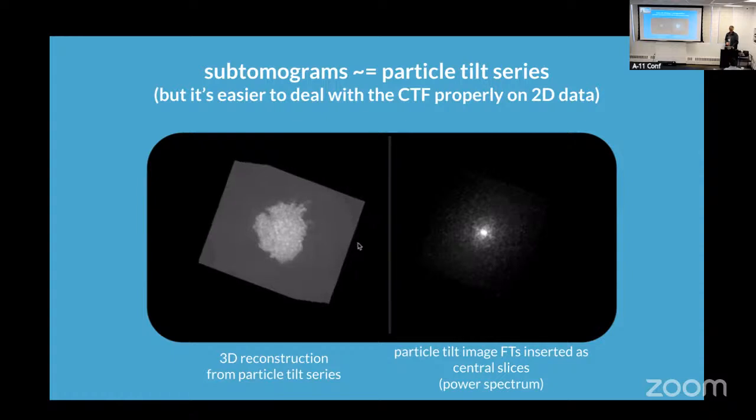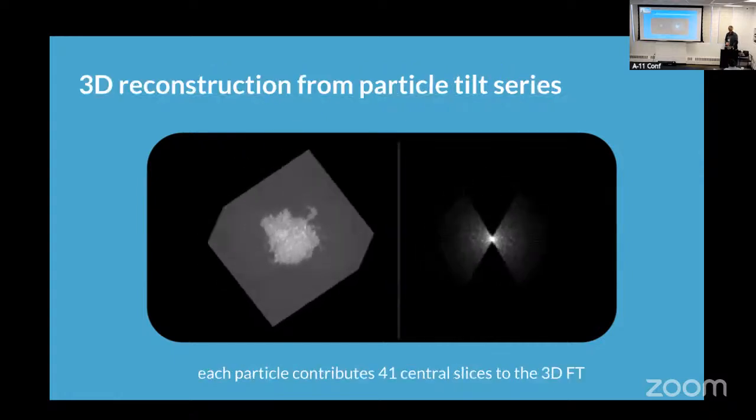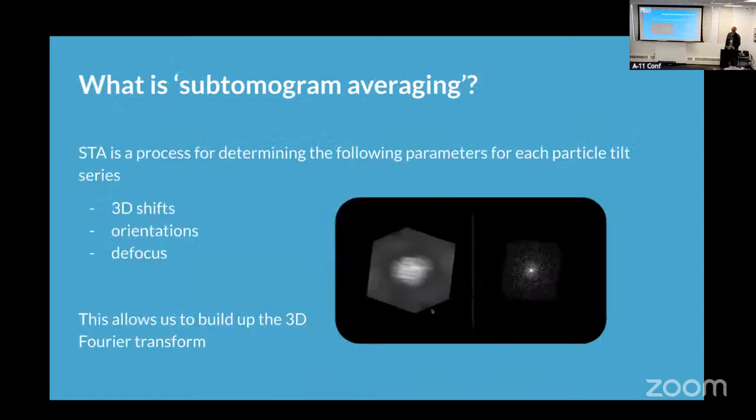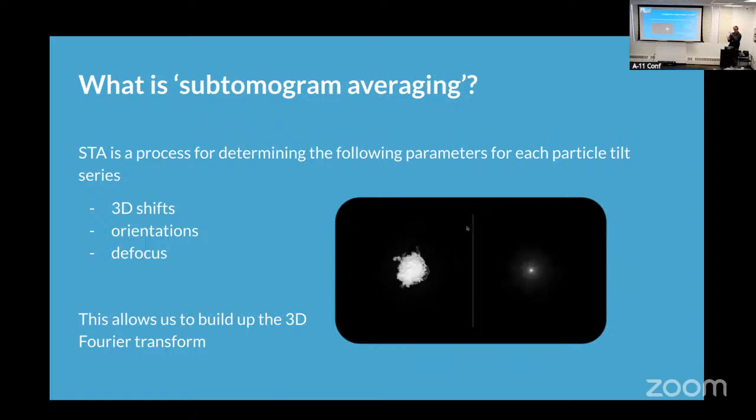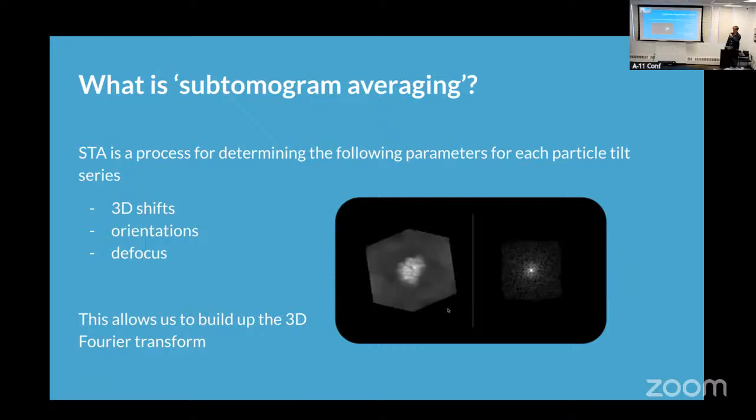Yeah, we build it up a little bit here, and you'll just instantly see almost perfect reconstruction. Because this is all simulated and because this is all high signal to noise, it's very, very easy. So subtomogram averaging, exactly like single particle analysis, is we determine the 3D shifts that center the particles really well. We determine the relative orientations of those sets of particle images in this case.